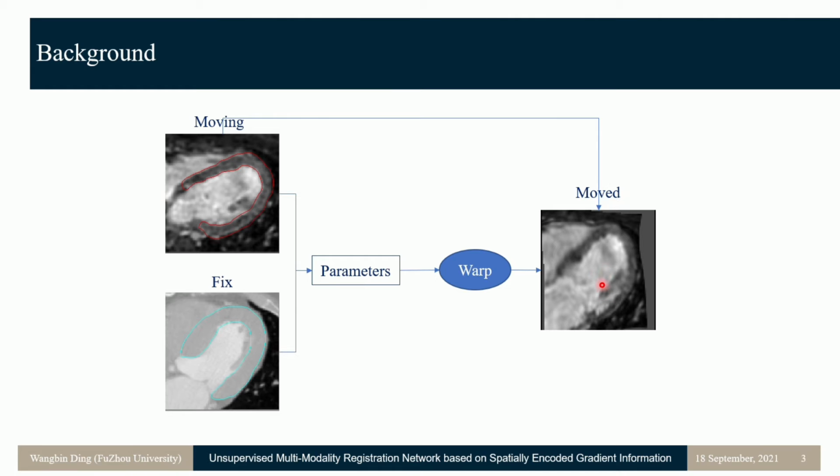Here, the most important part of a registration method is to define a similarity metric between the fixed and the moved image. The metric can measure how much the moved and the fixed image are aligned. Then, the transformation parameters could be predicted by maximizing the similarity metric.